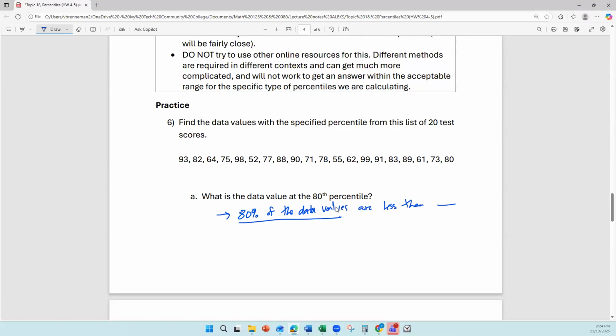It's not of the actual values, but of the group, in this case, 20. So I start by calculating 80% of 20. 80% of 20 is 16. So 16 or less. So that means I am looking for data value number 17 in order least to greatest.